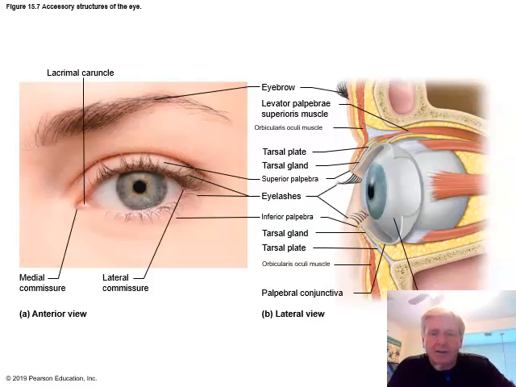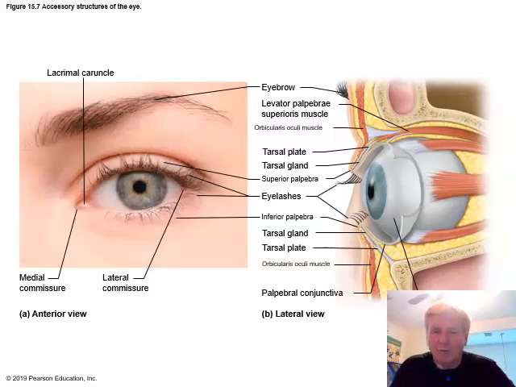On the figure is a lateral view showing you, of course, the eyebrows at the top. There's the levator palpebrae superioris muscle, which elevates your upper eyelid. And then the tarsal plates and tarsal glands. What do tarsal glands do? They secrete a lipid-like, watery secretion that is produced when you sleep, and it prevents your eyelids from adhering to each other.